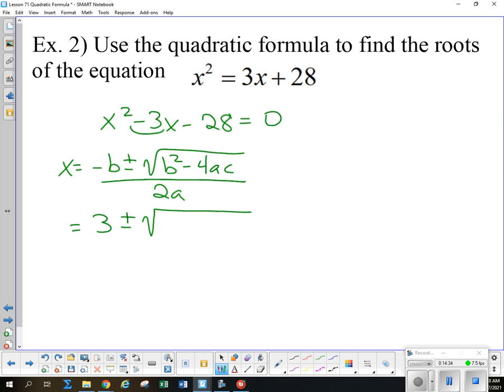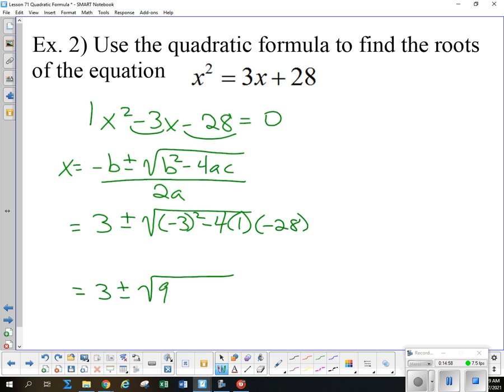Then b is negative 3, so I am going to square that, which gives me a positive 9 as the first thing inside my square root sign. Then I need, let's see if I get it right this time, minus 4. A is just a 1. C is a minus 28. All over 2a, so that's 2 times 1.